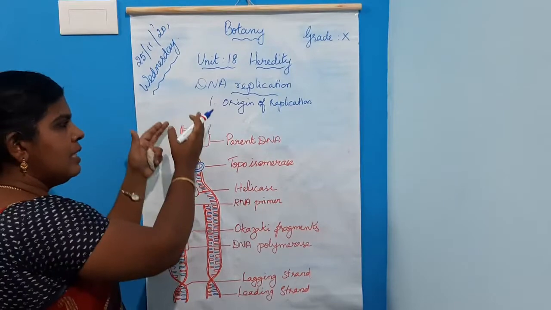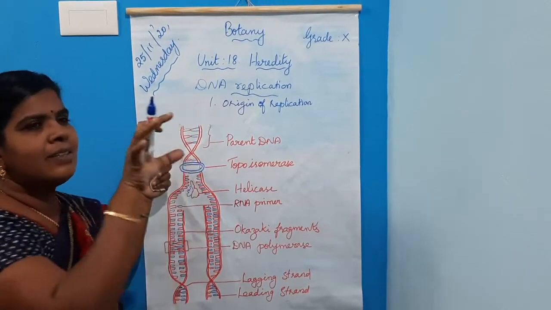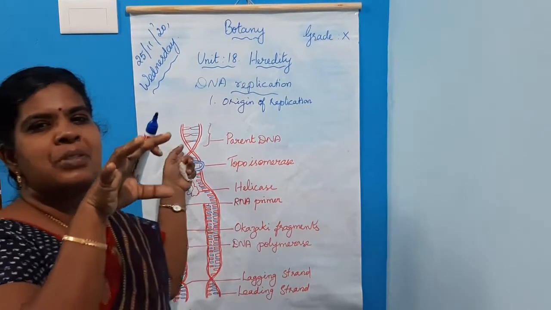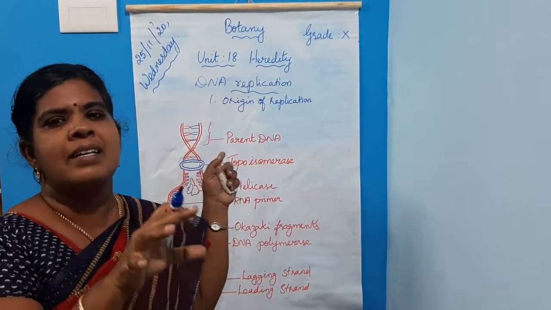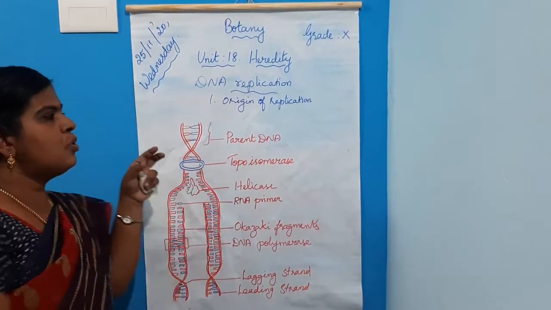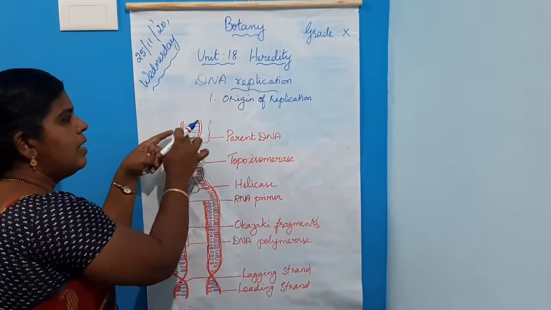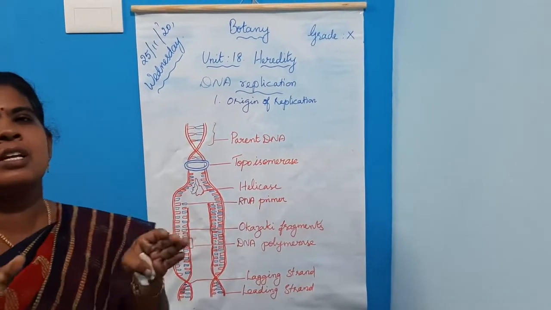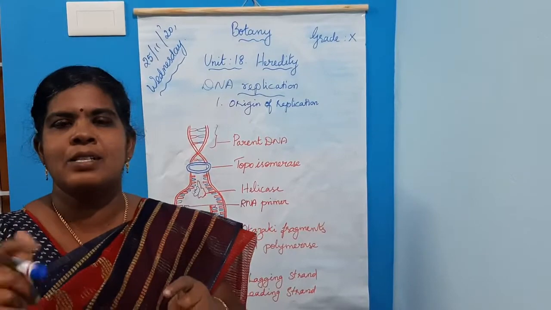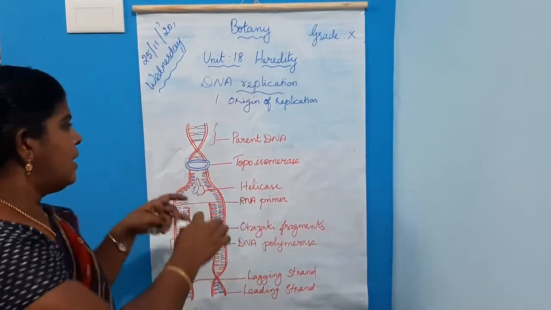So in this DNA, the place where the replication begins is the site of origin of replication. Okay, so during replication, this is one of the strands, this is another strand. During replication, the two strands open and separate at this point, forming a replication fork.